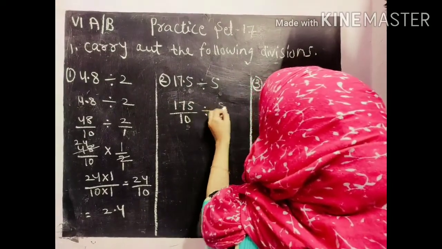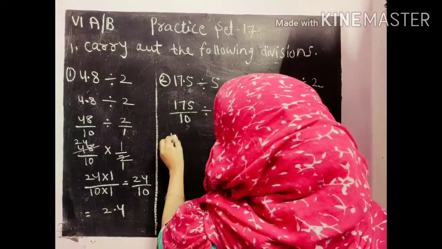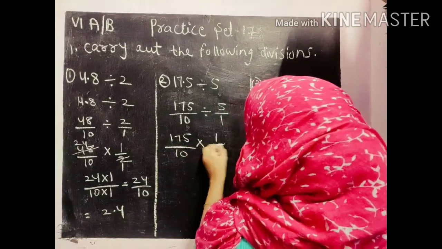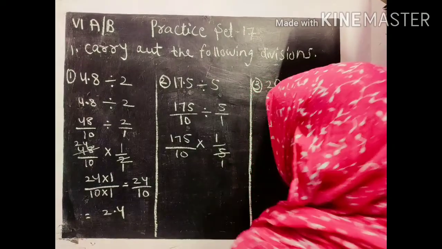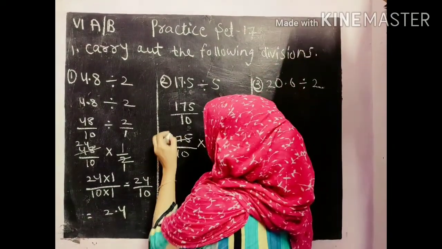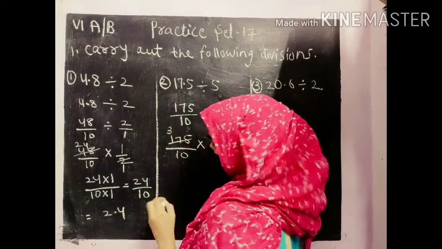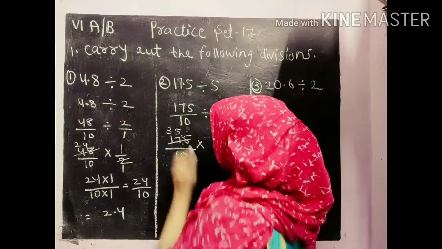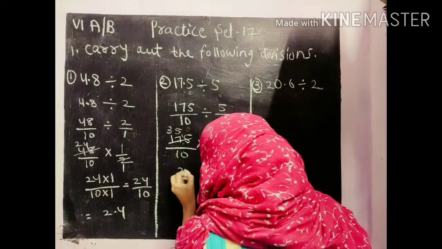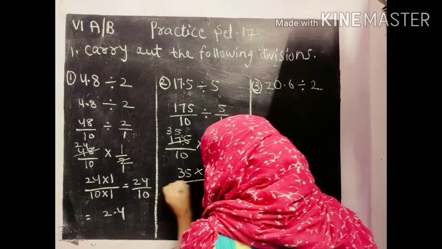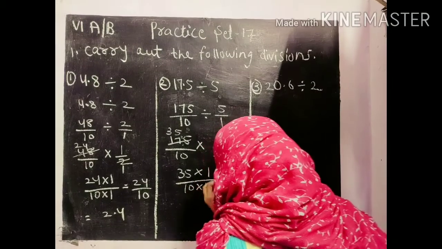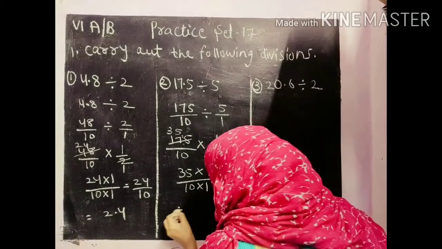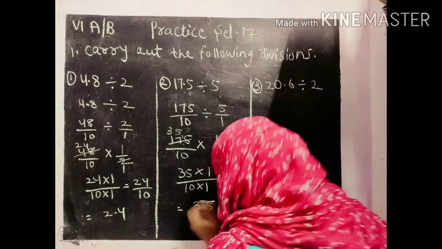Here we will write 5 upon 1. 175 upon 10 into 1 upon 5. 5 ones are 5. 5 threes are 15. Here 2 goes. 5 fives are 25. So here 35 into 1, 10 into 1. 35 upon 10, and the answer will be 3.5.